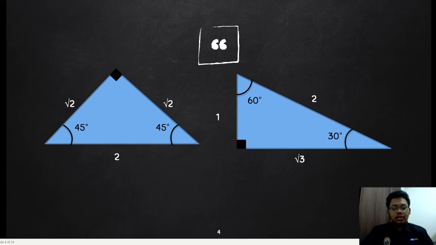So the tangent of 45 is square root of 2 over square root of 2, so it is equal to 1. So same case for the 30. Say if I want cos 30 degrees, so it will be CAH, adjacent over hypotenuse, so it's square root of 3 over 2. So we already covered that in the previous class. So I really hope you understand that clearly.